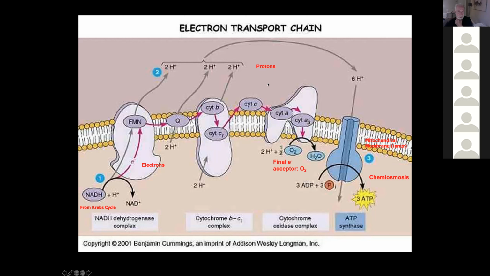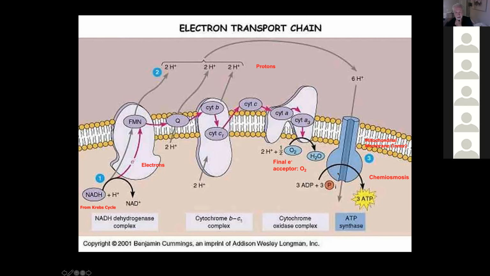And now in the process of doing all this, every time there's a handoff, more protons are generated. The protons keep accumulating on one side of the membrane so that there's a gradient across the membrane. And when they move through the membrane, through the ATPase complex, the ATP synthetase complex, this large blue thing, this is called chemiosmosis.